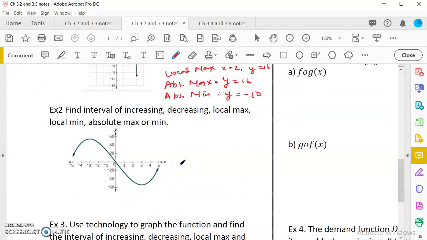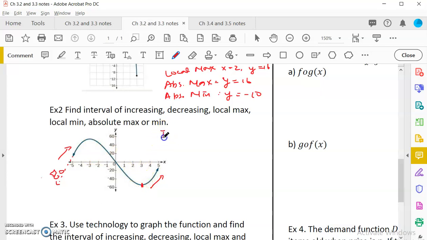Example 2, interval of increasing. Again, I start from here, but this doesn't stop anywhere, so it goes to infinity. I just imagine that I'm driving the car from -infinity, so obviously this is going up, increasing. And then here it's also increasing. In the middle is decreasing.